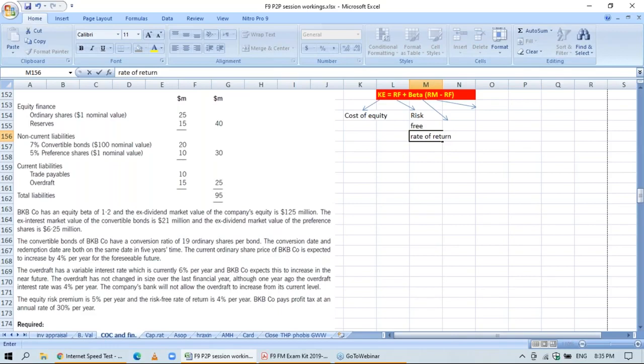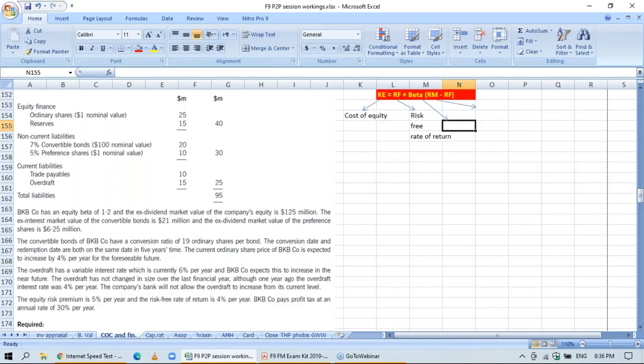Usually, government bonds are safe to invest. If you lend money to the government, the government is risk free and will pay you smooth interest, and the principal as well is risk free, as the government will not default, right? So it's a risk free investment. And the RF is the return from the risk free investment.